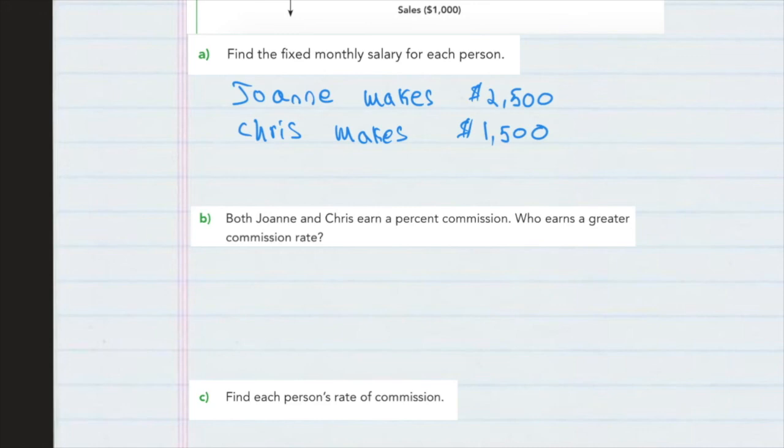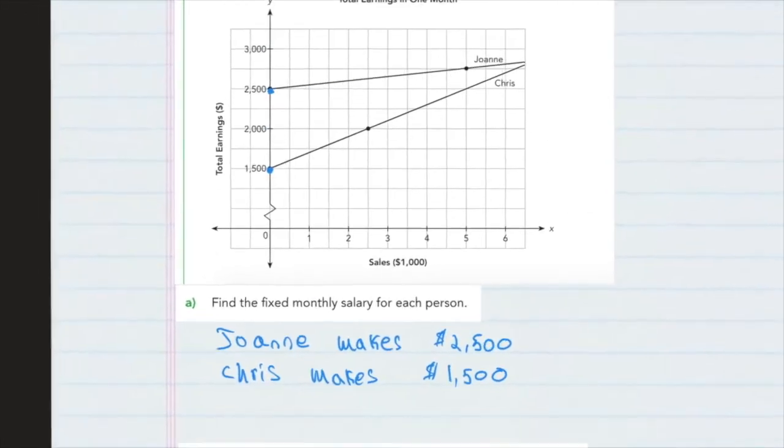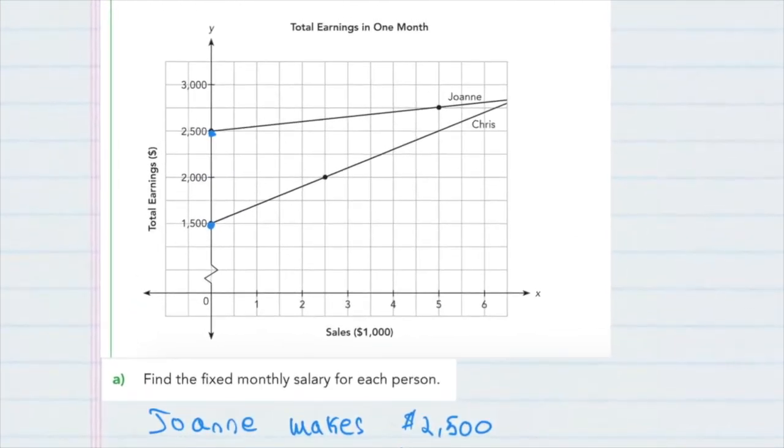So first let's go to Joanne. The 2 points for Joanne, if we look up here, are going to be 0 and 2,500. And then this one looks like it's at 5 and 2,750.